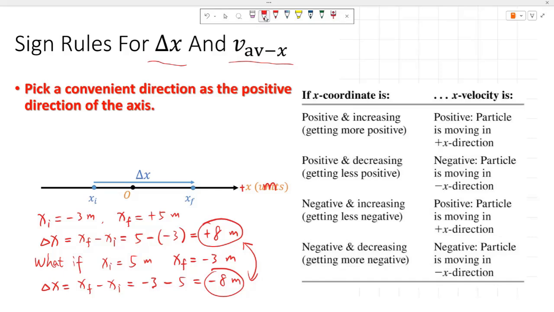Now, what about the direction of the average velocity? Well, it's fairly simple. It turns out that the average velocity is going to have the same exact direction as the displacement. And you can see that from the mathematical definition of the average velocity.